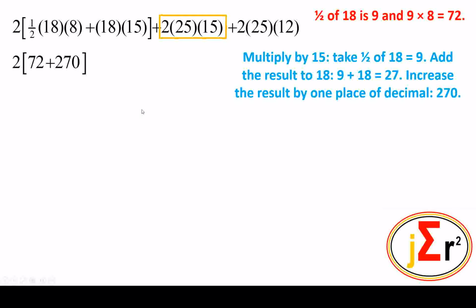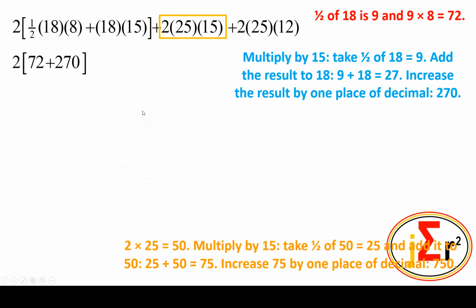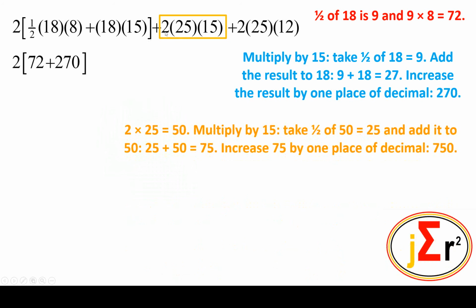This one, well, I am going to depend on the animation to start me off. 2 times 25 is 50, and then 15 times 50. That one is very simple. 15 times 50 is like 15 times 5, 75, and then the 0, 750. No problem.